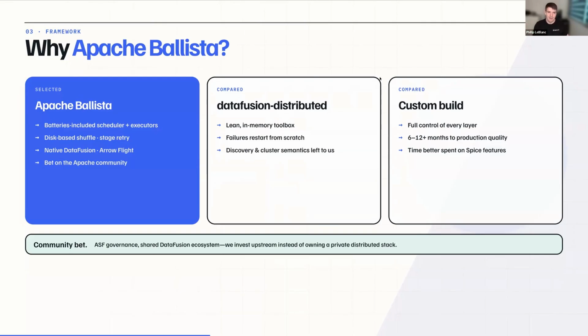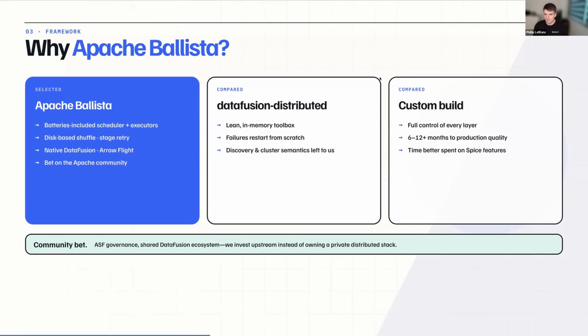It wants to make DataFusion execution distributed, but it's more focused on being a toolbox where it gives you some nice primitives to build your own distributed query engine. But it leaves a lot of the semantics, like what does it mean to be a cluster and how do you handle failures, up to you.